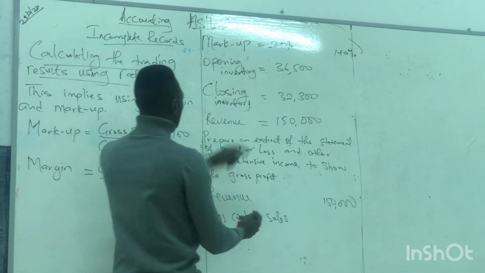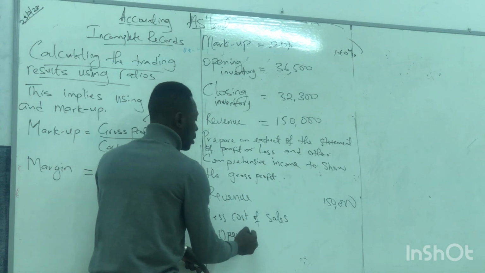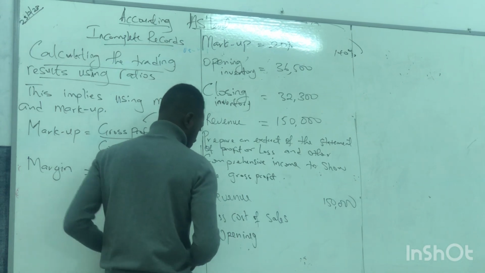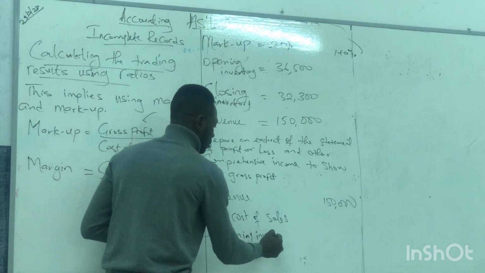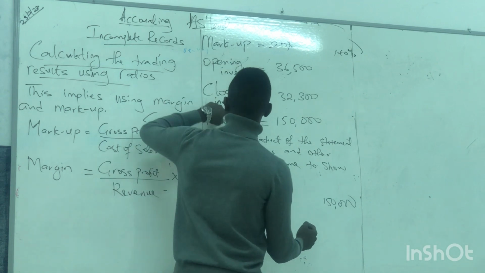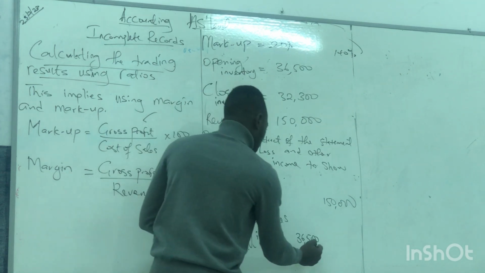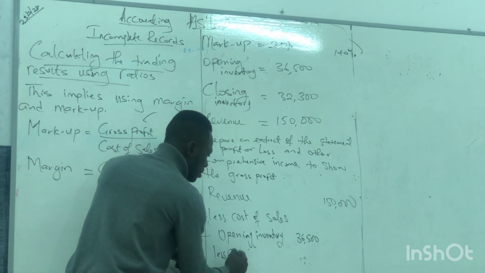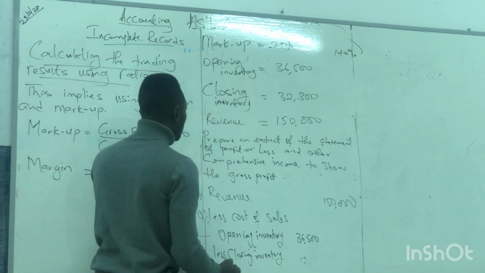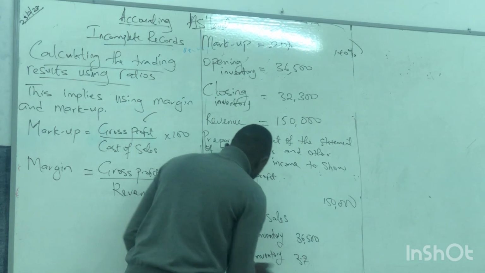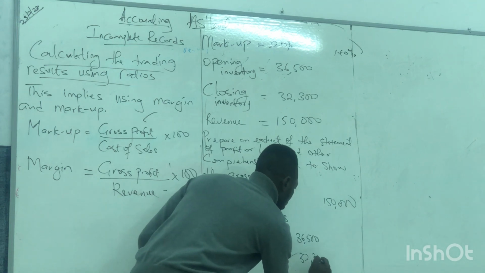Our cost of sales now, we only have opening inventory and closing inventory. So it's going to be opening inventory, which amounted to 36,500, and less closing inventory, which is 32,300.